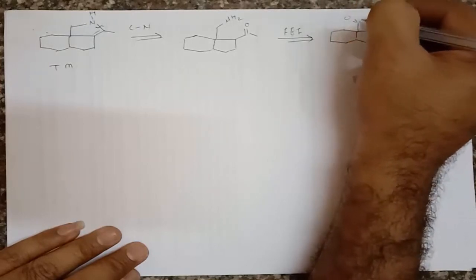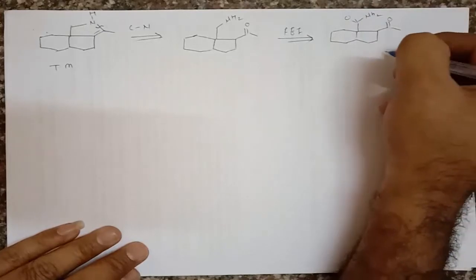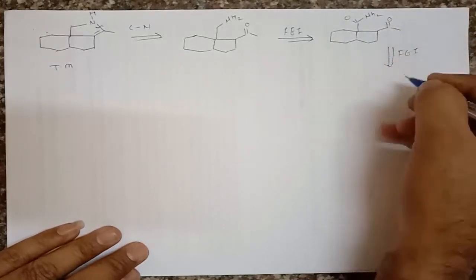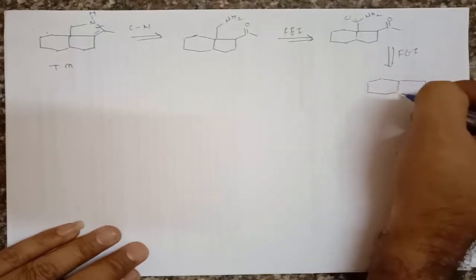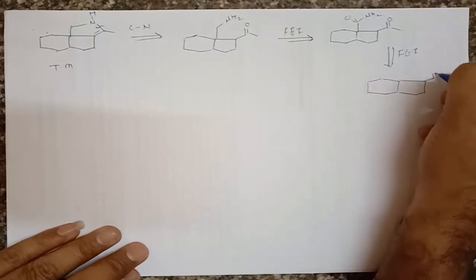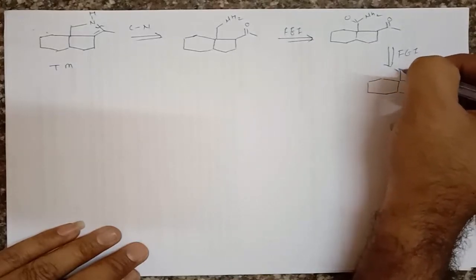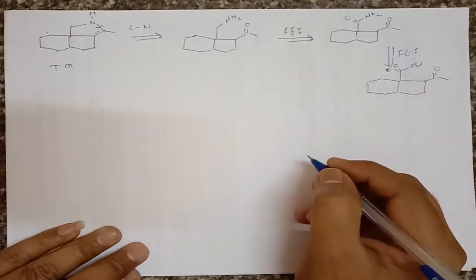So it gives formation of such type of molecule, NH2. Then again this will be converted by functional group interconversion into an ester, because from ester we can easily prepare such type of amides, that is C double bond here, and here is OEt, right? So in this way.